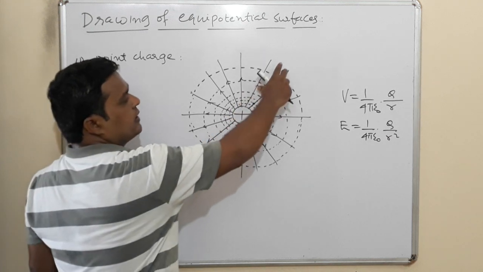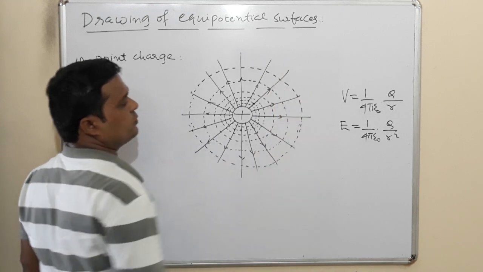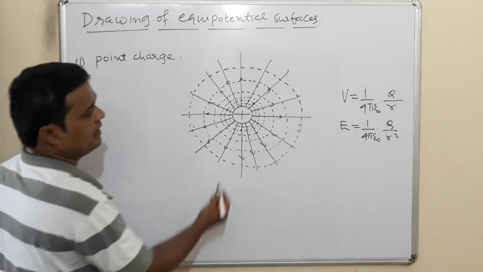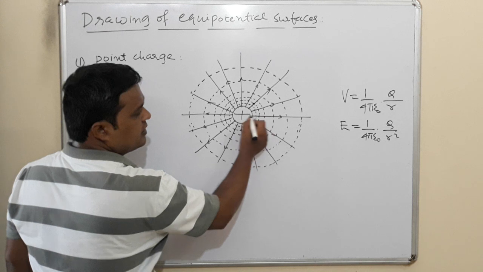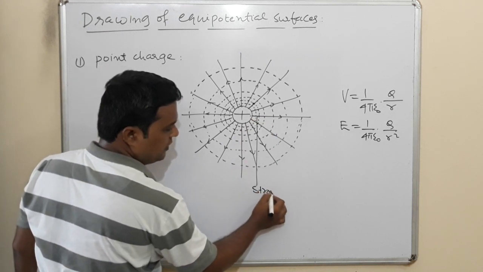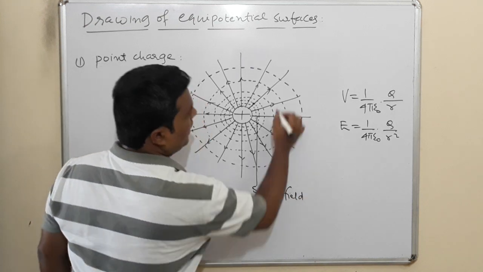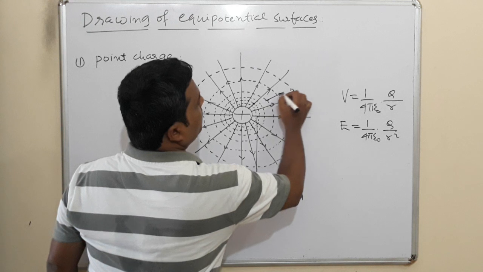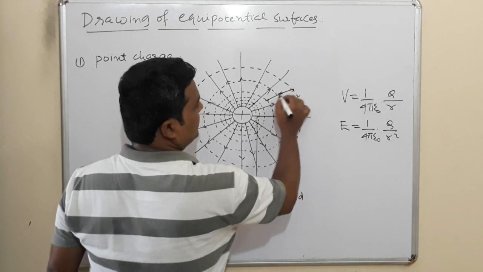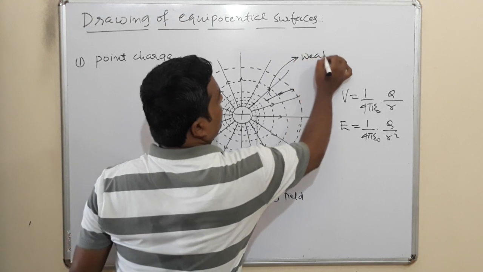In weaker field regions, equipotential surfaces will be away from each other. This closer distance between these surfaces indicates a strong field region, and when they are further apart, this distance indicates a weak field region.